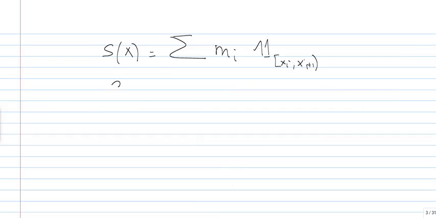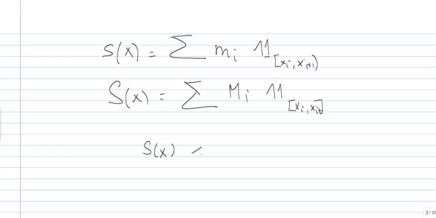Let's call the small simple function s of x, which is the sum of mi times the characteristic function of the interval, and capital S, which is the sum of capital Mi times the characteristic function of the interval. These are the simple functions, and we know that s of x is less than or equal to f, which is less than or equal to capital S.